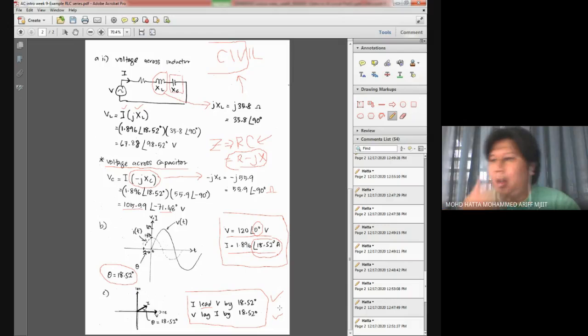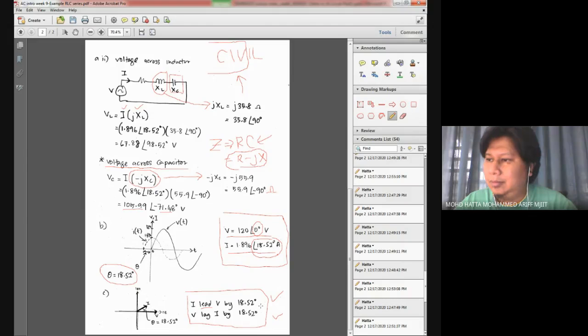I don't know how you try to quickly check your answer, but this is the way I quickly check my answer, not the exact answer, but whether the strategy that I use here is correct or wrong. Because based on this definition, this word says that if C is more dominant, for example a purely C circuit or an RC circuit, I must lead voltage, or voltage lags current.